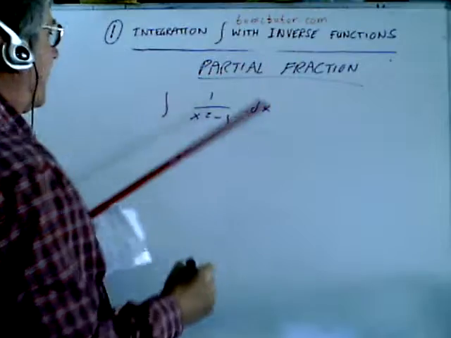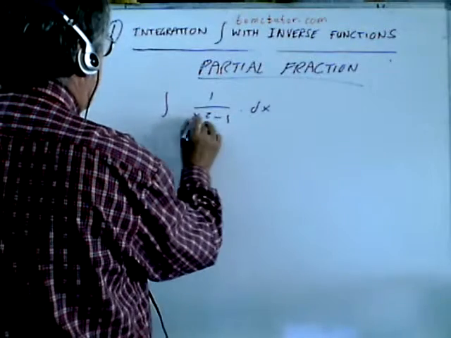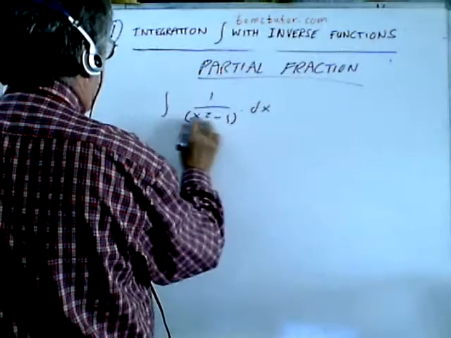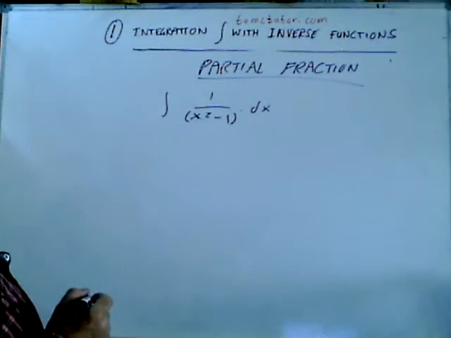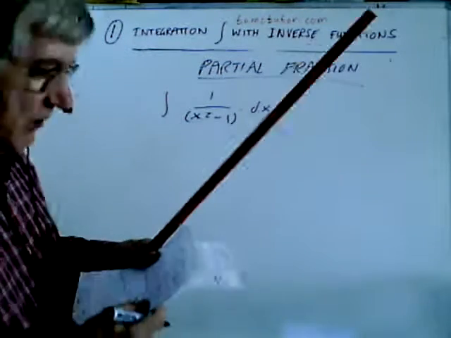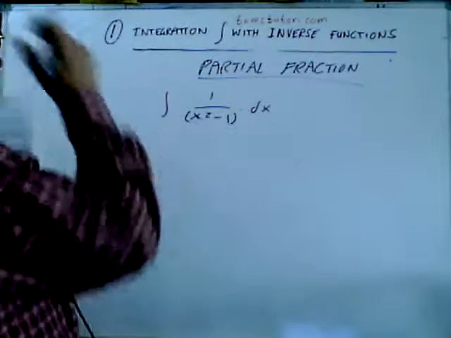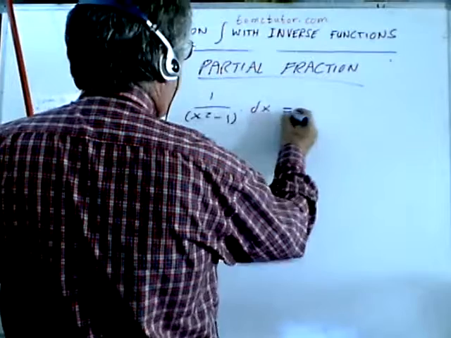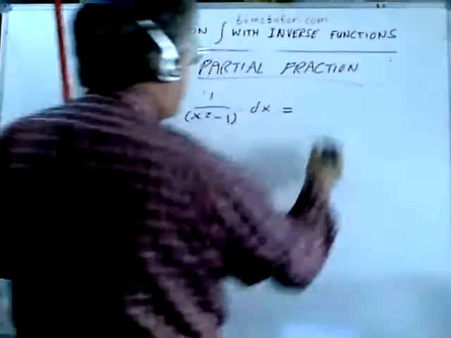When you're looking at that problem, x squared minus 1, you say, well, how am I going to solve that? You might be thinking about arc sines or goodness knows what, or even hyperbolic sines. You should see right away that that's a quotient type thing, partial fractions.